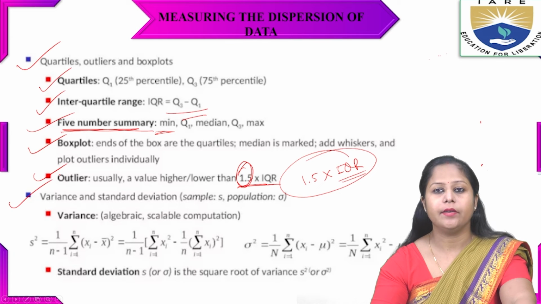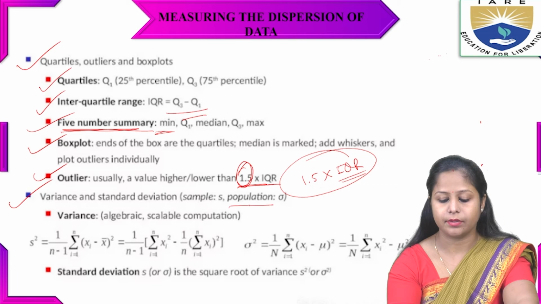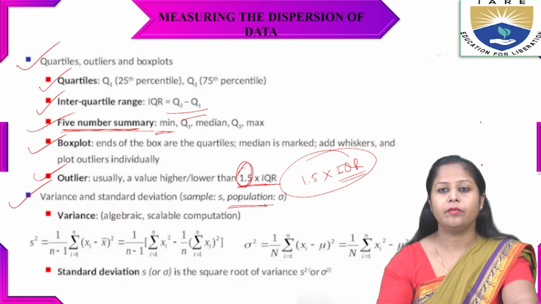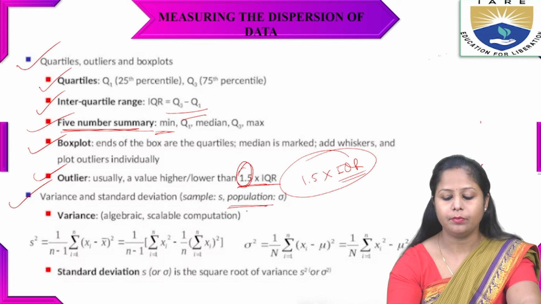Variance and standard deviation are calculated for the sample and for the population.